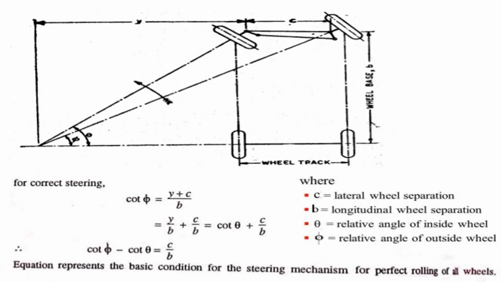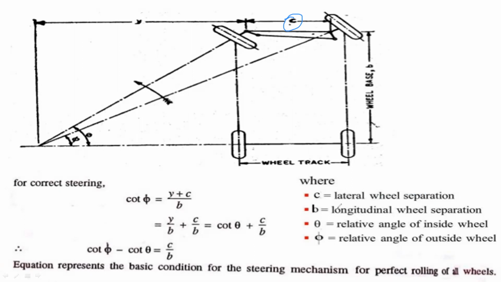For correct steering, C is the lateral wheel separation. That is the distance between the front wheels.